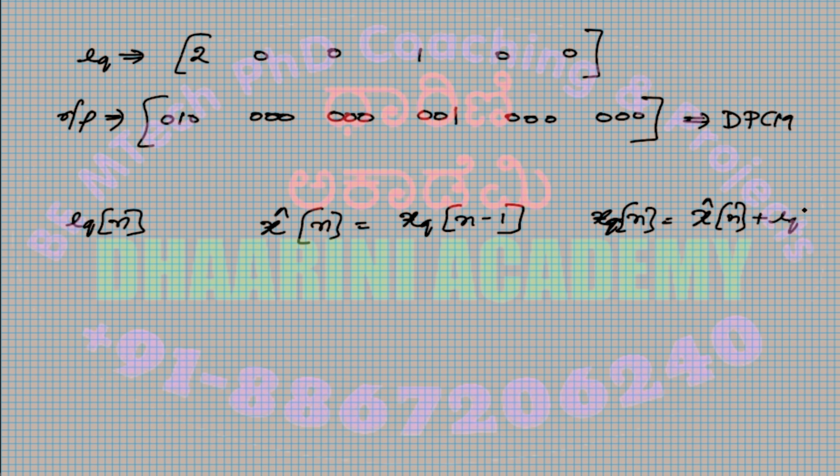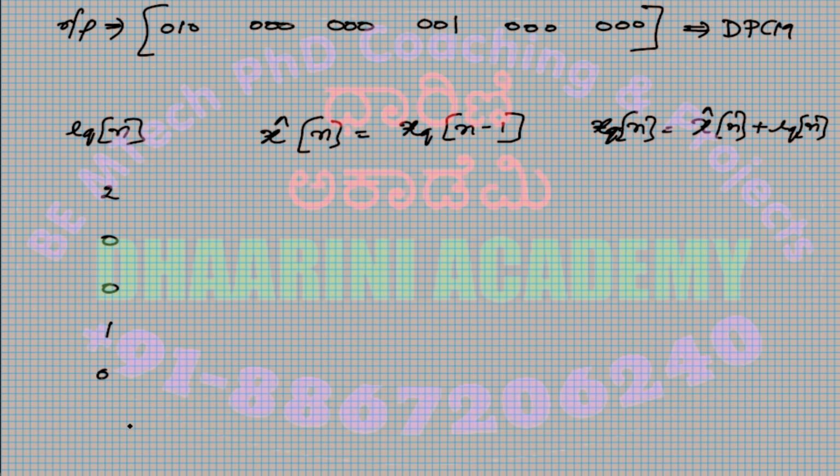So this is eq of n. Let's write what I received: 2 0 0 1 0 0. Okay, this is what I have received. Here I'll write the decoder.